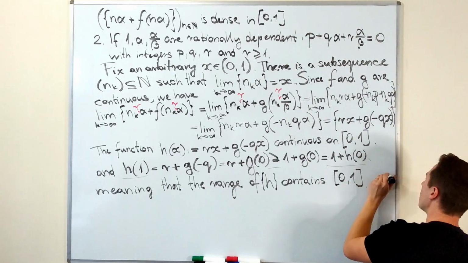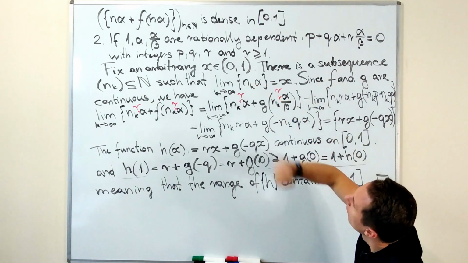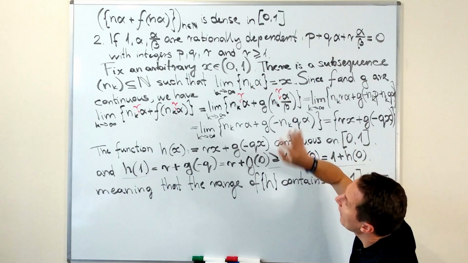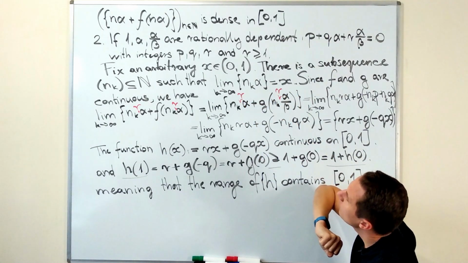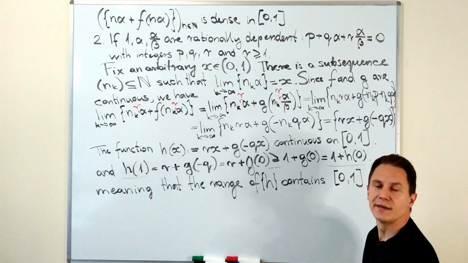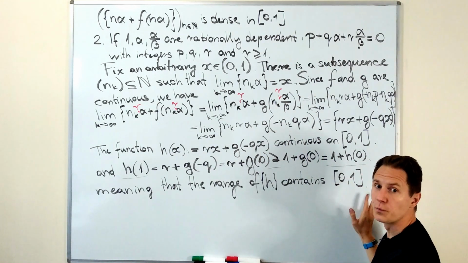This is the end of the proof. It proves that for any number between 0 and 1, there is a subsequence of that sequence which converges to that previously fixed number between 0 and 1.